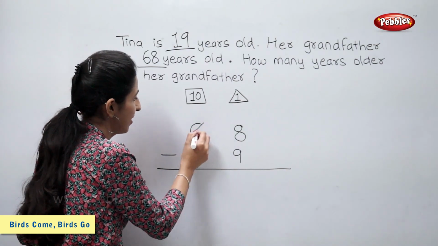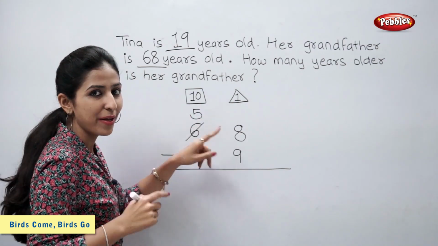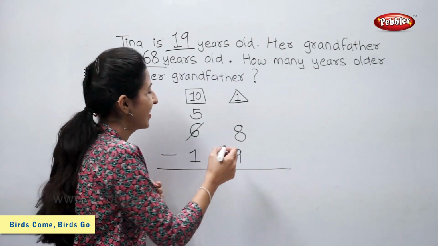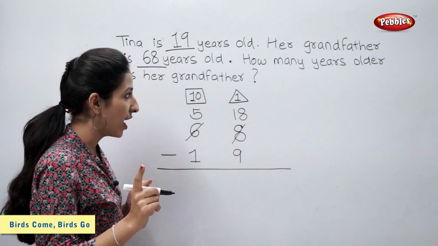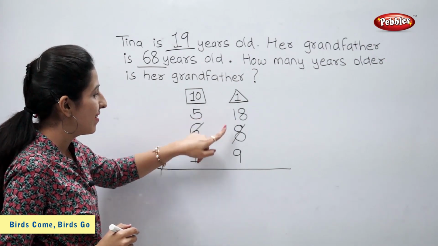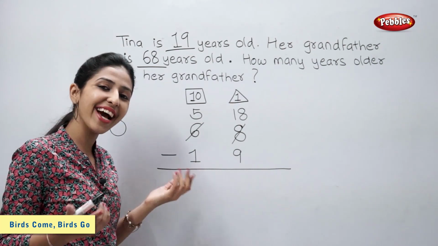6 becomes 5. 8 becomes 18. Now, 18 minus 9 is equal to 9.